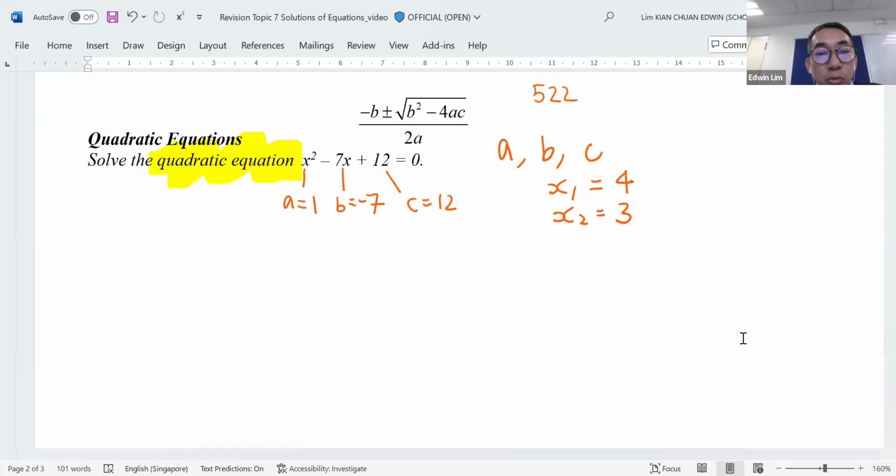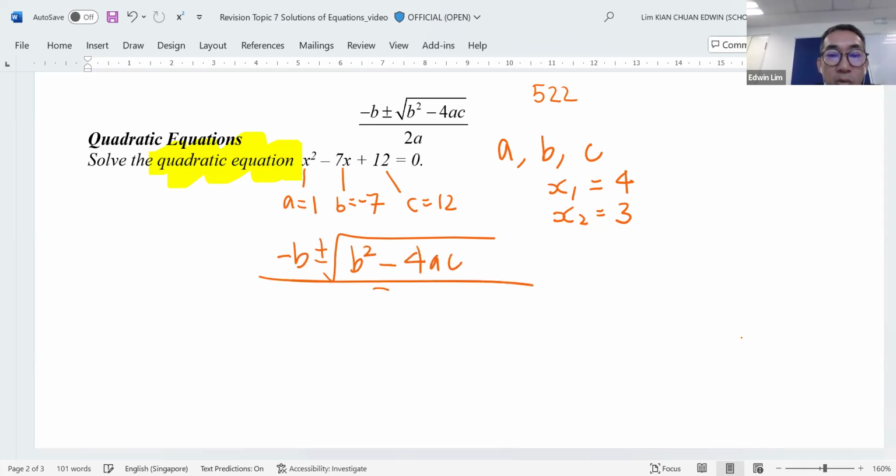You are required to key all this ABC into the formula. Minus b plus minus square root of b squared minus 4ac over 2a. So this is what you need to write. This is the formula.